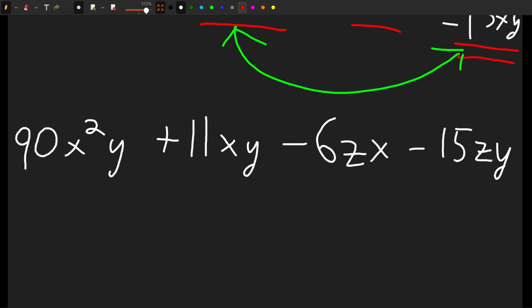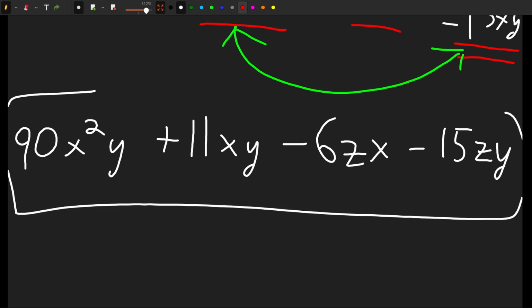All of my other terms in this problem all have single powers, so I don't need to rearrange them at all. I don't have an x cubed term that would need to go to the front, or a z to the 4th term that would need to go to the front. So in this case, my answer is simplified. And that's my answer. And that will do it for this video.